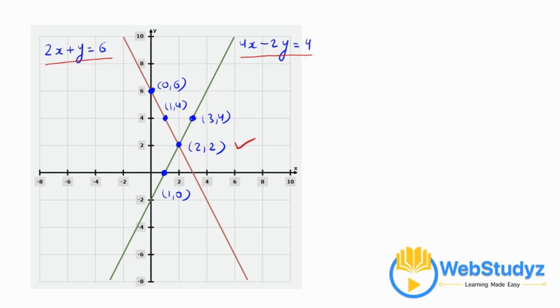Now move on to the fourth pair of equations, which are 2x minus 2y minus 2 equals 0, and the second equation is 4x minus 4y minus 5 equals 0.